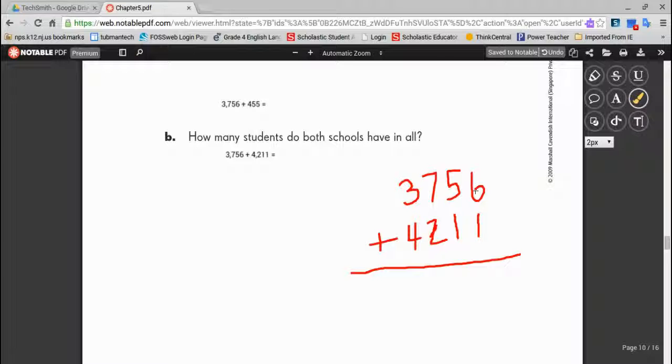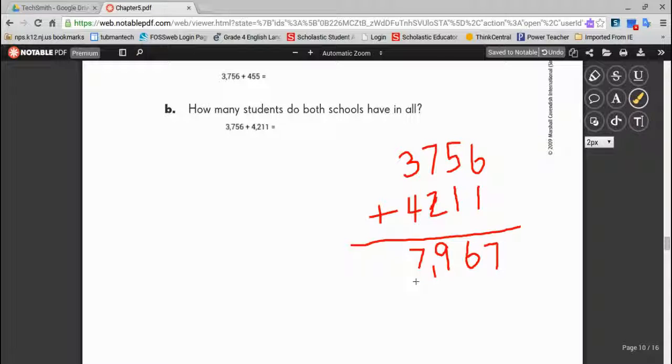Okay, let's add that together. 6 plus 1 is 7. 5 plus 1, well, it's 6. 7 plus 2, 7, 8, 9. And 3 plus 4, 4 plus 3, 4, 5, 6, 7. Okay, here we go. So I know my answer is 7,967 students.